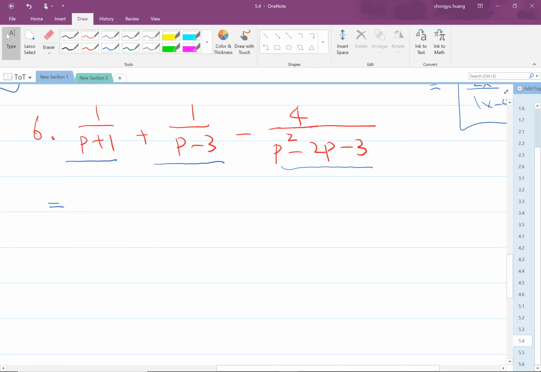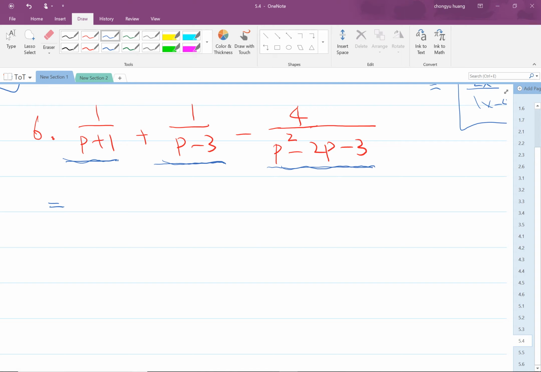One good piece of advice if you want to find the least common factor among 3 terms is to make sure you simplify as much as you can. Let's go through one by one. Over here we have p plus 1. That's already the simplest form, right? And then we have p minus 3. That's another simplest form. But you can see this term p squared minus 2p minus 3 is not the simplest form, right?